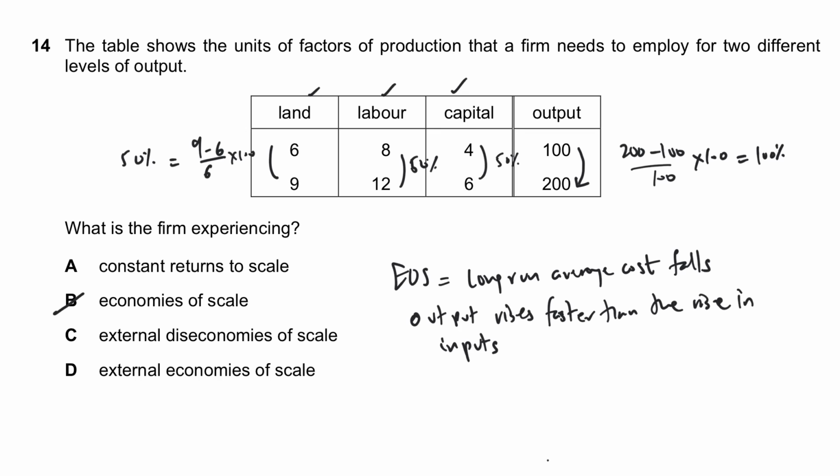Constant returns to scale would have been if input and output were increasing at the same percentage, but external economies of scale can only happen when the industry is growing and not the firm. So I'm going to cancel these. So the right answer for this question is B.